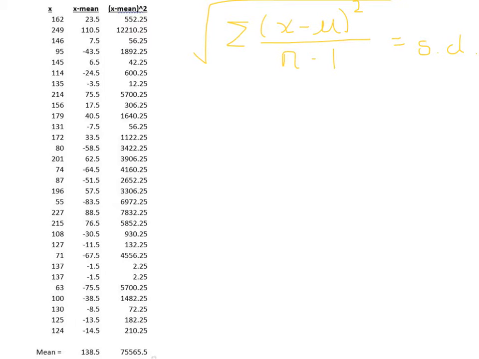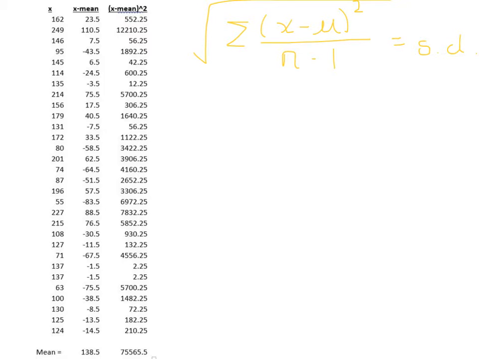So here in my little table that I created in Excel, I listed first in the far left column all the values of x that we saw displayed in that table on the previous slide. 162, 249, and so on. That's the number of friends that each of the 30 individuals in our sample had on this particular social networking website.